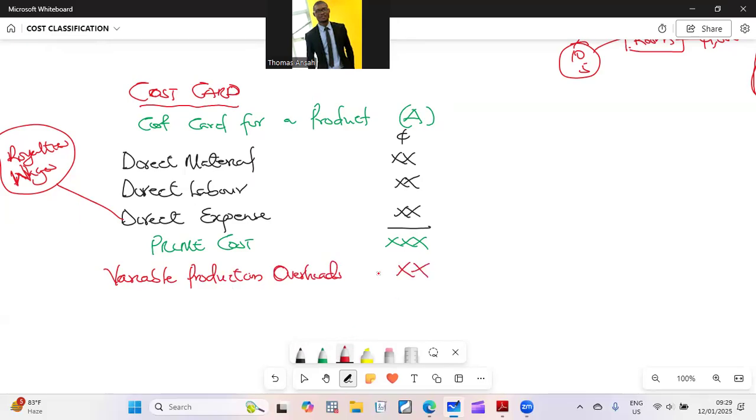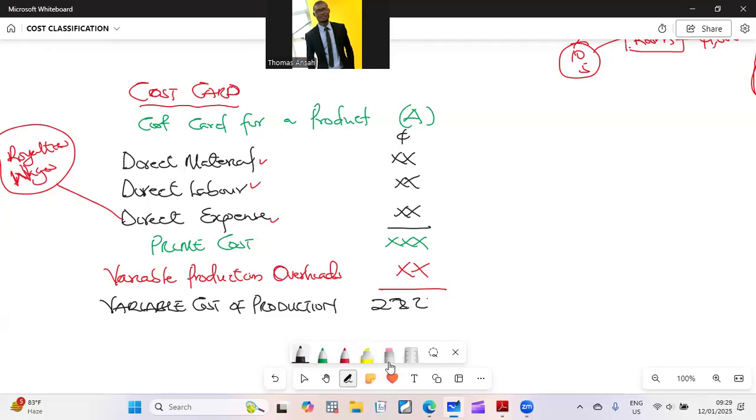When you put it together, you will have what we call variable cost of production. So prime cost plus variable overhead gives you your total variable cost of production. So that is what you get.